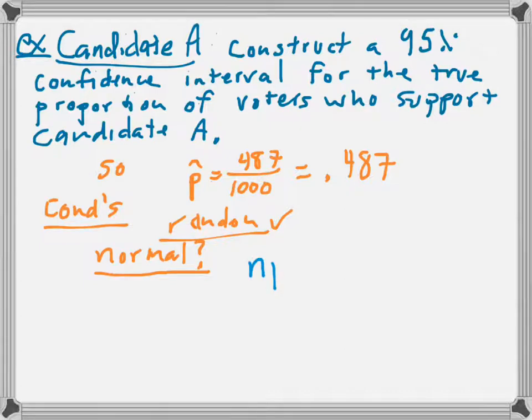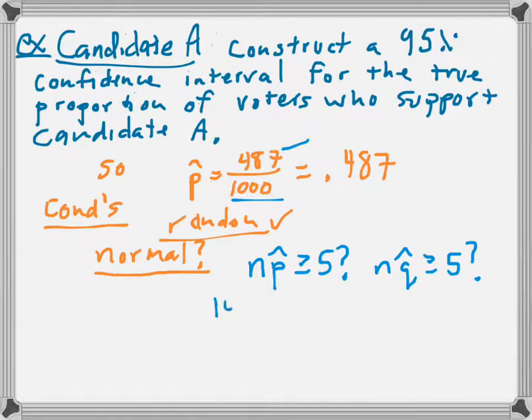So I'm going to have to check: is n p hat greater than 5, and is n q hat greater than 5? Something works out pretty nicely with these. Our n was 1,000, and our x, or number of successes, is 487.